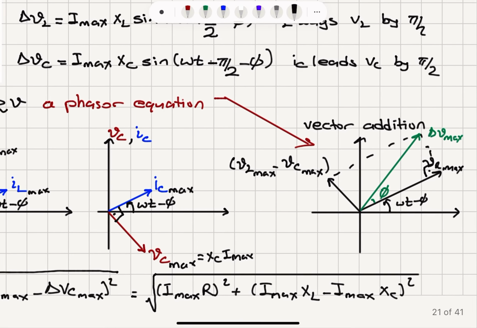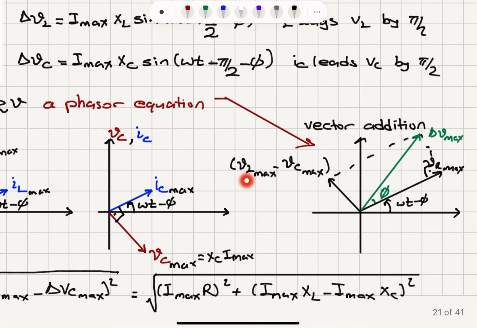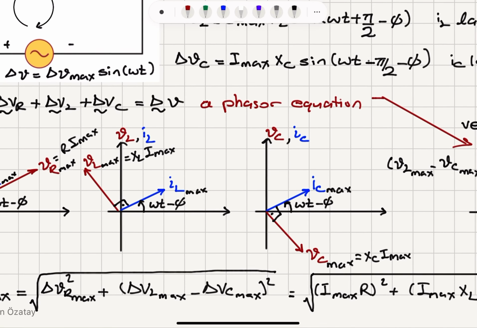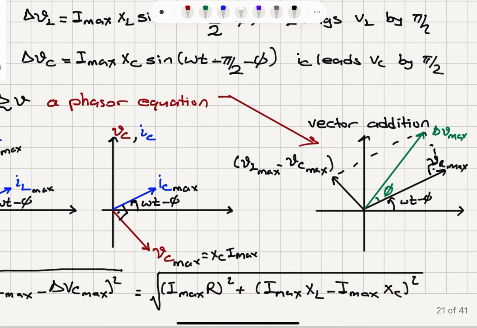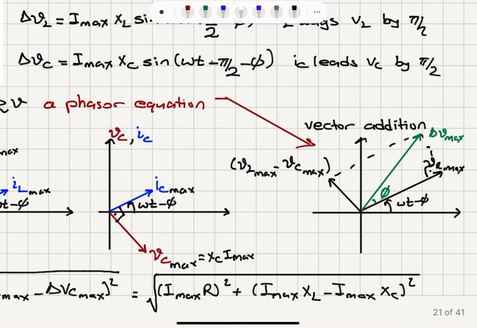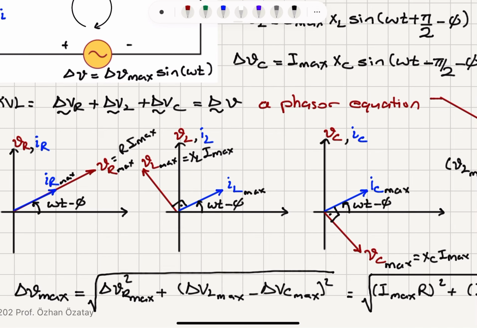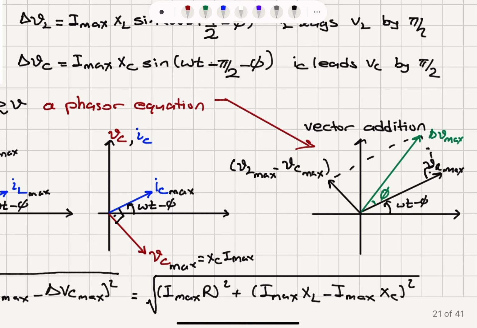So when I perform the vector addition, VL max minus VC max, because they're in opposing directions, and VR max is here, making an angle omega t minus phi with the x-axis, I obtain the total phasor delta V max, making an angle omega t with the x-axis, or phi with respect to the voltage across the resistor.